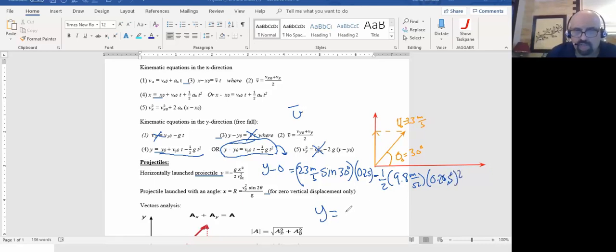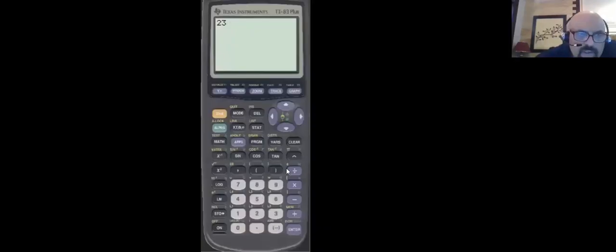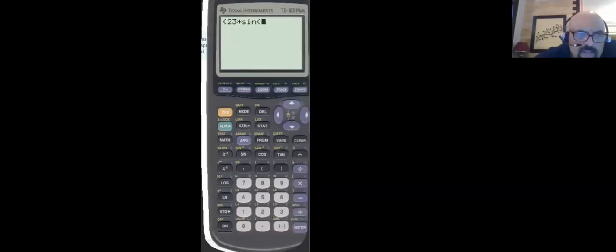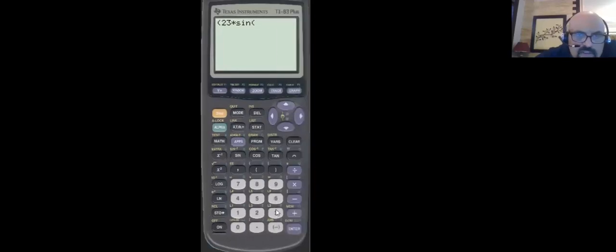And now we need to carry out the calculation. Okay, so we're doing it in one step here. So open parentheses, that's 23 meter per second times sine, and the angle is going to be 30 degrees, times the time, which is 0.2.